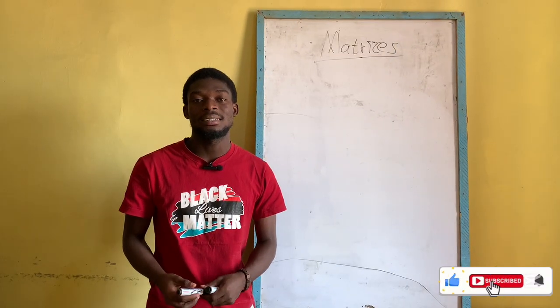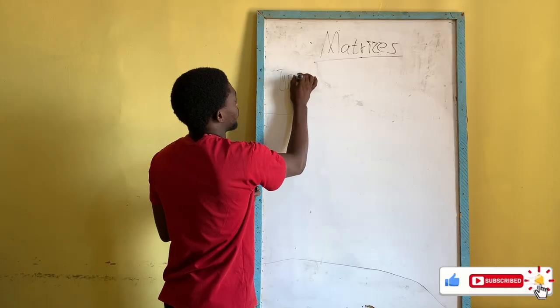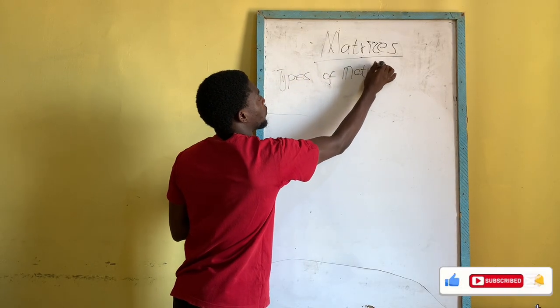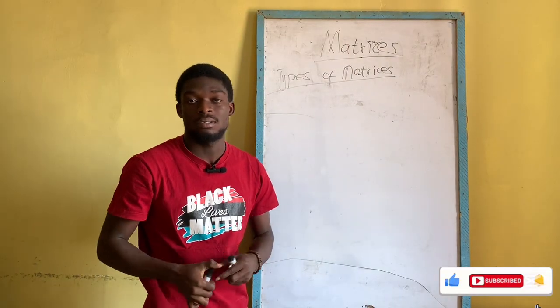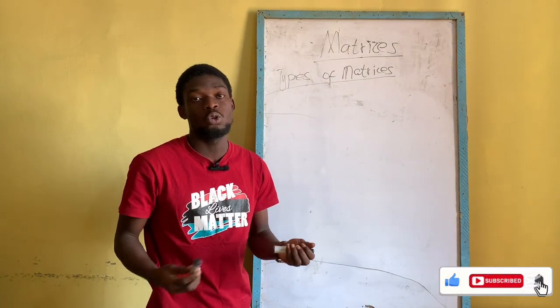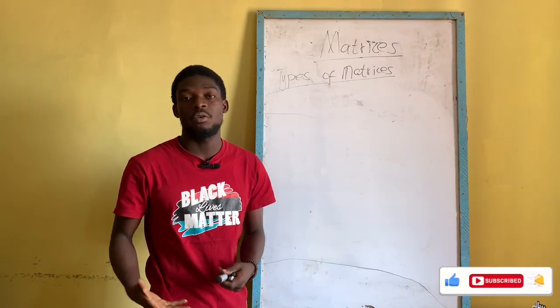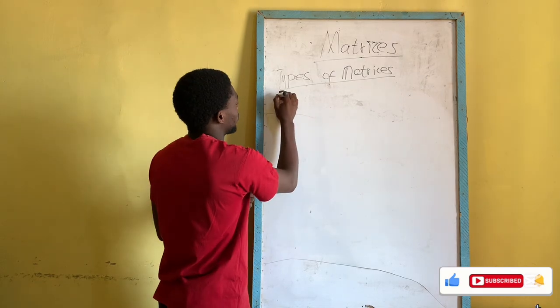Now let's look at types of matrices. We have about 3 types of matrices. It's more than 3, but we want to look at either 3 or 4. We can talk of row matrix, column matrix, square matrix, diagonal matrix, and rectangular matrix.